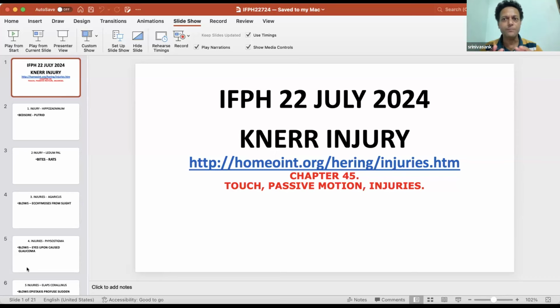This is just an example of how we can do so much beautiful quality work, even just with injury. Okay, so homeoint.org, you go there, log in, just browse, and you see wonderful repertories, wonderful materia medica, wonderful philosophy, journals, articles, cases. It is really wonderful. So now we can go to questions.